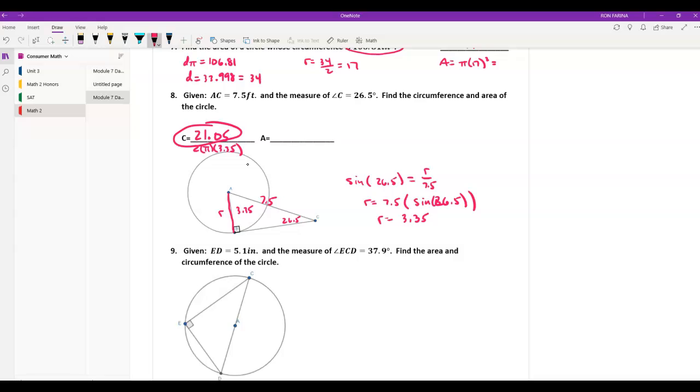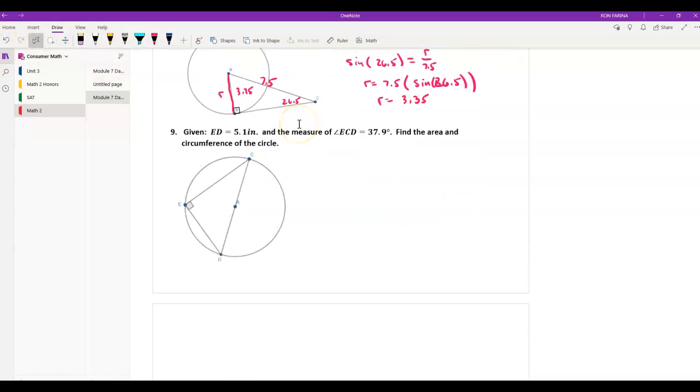In terms of pi, I guess I should put that 2 times 3.35, it would be 6.7 pi, which translates to 21.05. Now the area would be pi times 3.35 squared. That would give you 11.22 pi, which is approximately 35.3. So this is your exact, this is your approximate. Okay.